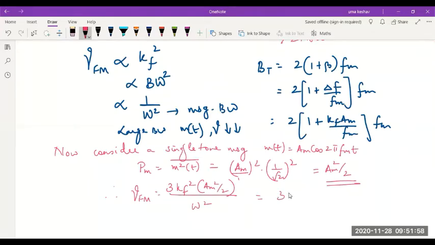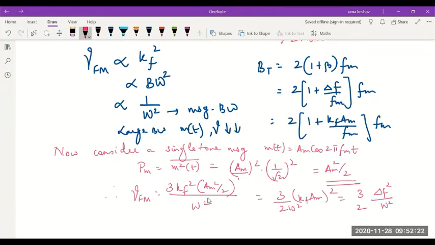So 3 by 2 W square, KF into AM whole square. What is KF into AM? Delta F. Yes or no? Delta F square divided by W square.